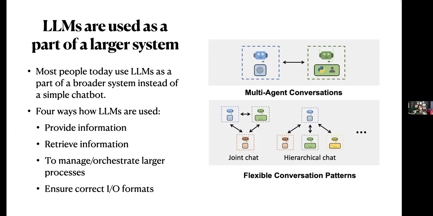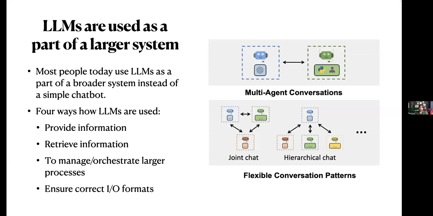So language models are typically used as a part of a larger system. It's very, very unlikely that big gains are coming from a simple chat interface. So right now you have much larger systems. If you've previously listened to Andrej Karpathy, he makes a really nice video and talk about how language models are becoming a new operating system and how they're equivalent to or replacing traditional operating systems.